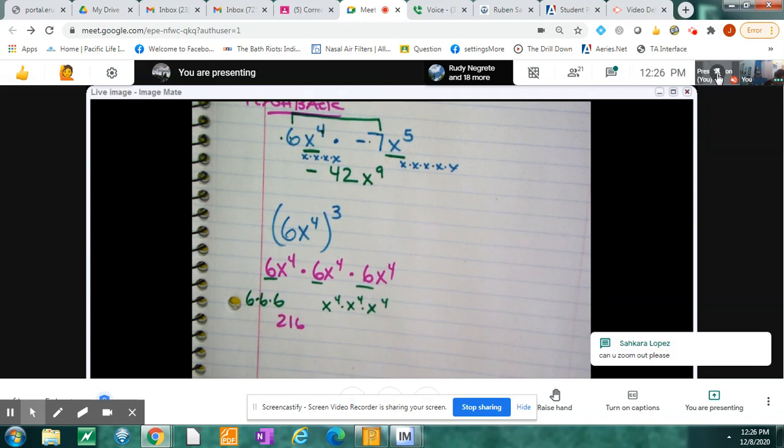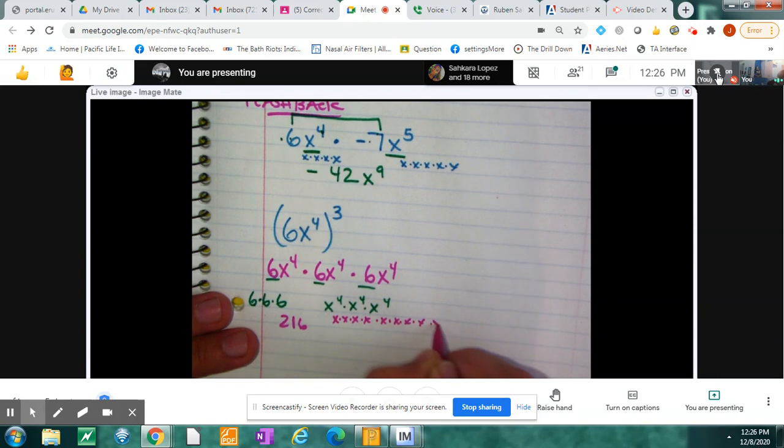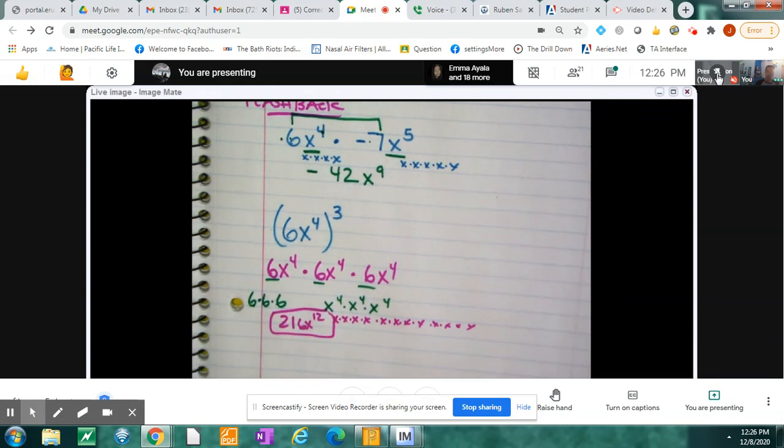If you do it the long way, 1, 2, 3, 4, 1, 2, 3, 4, 1, 2, 3, 4. There's 12 of them. See that? So there's your answer: 216x to the 12.